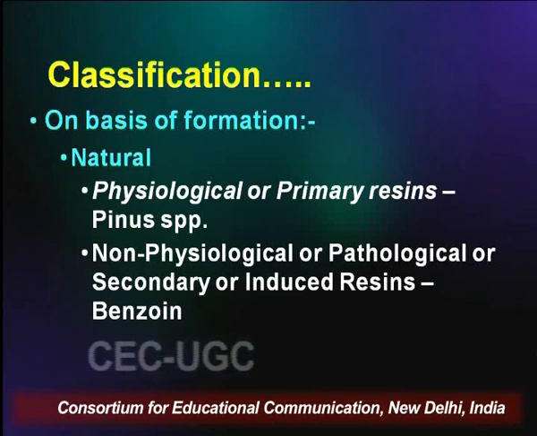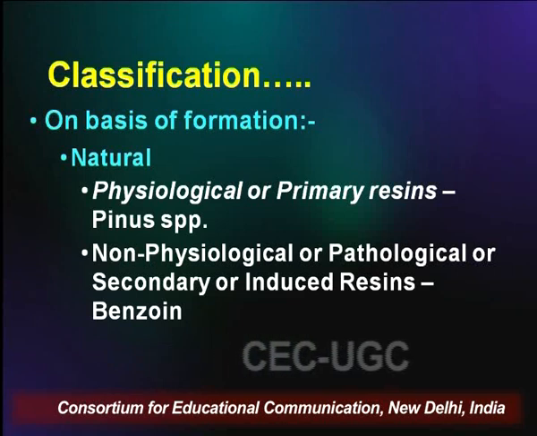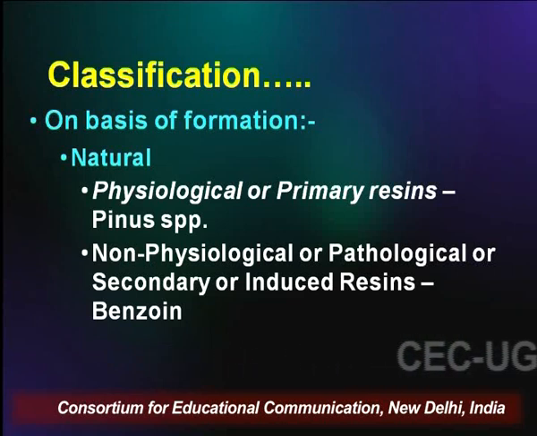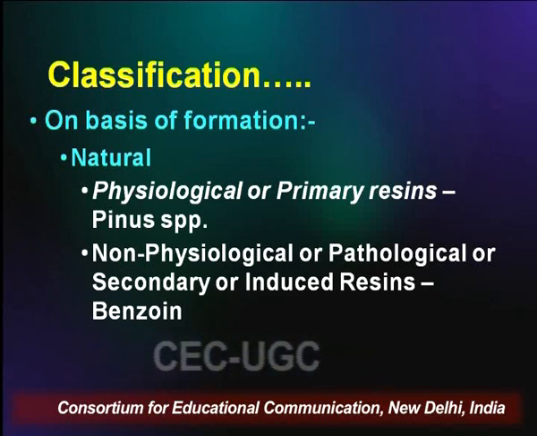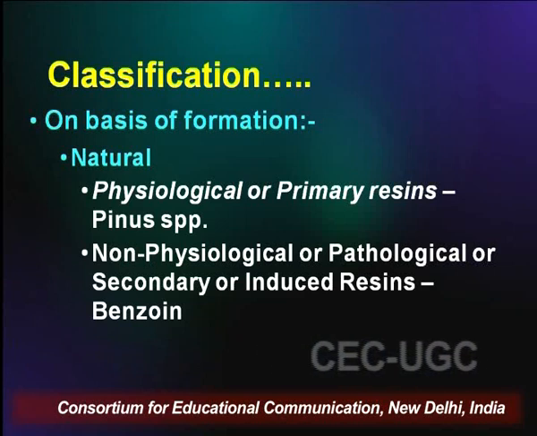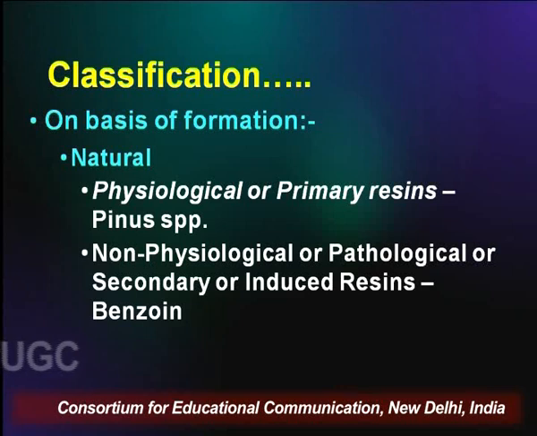Natural resins can further be categorized into physiological or primary resins and non-physiological or pathological or secondary or induced resins. Physiological or primary resins are the resins that are produced naturally inside the plant as a normal process of their metabolism.